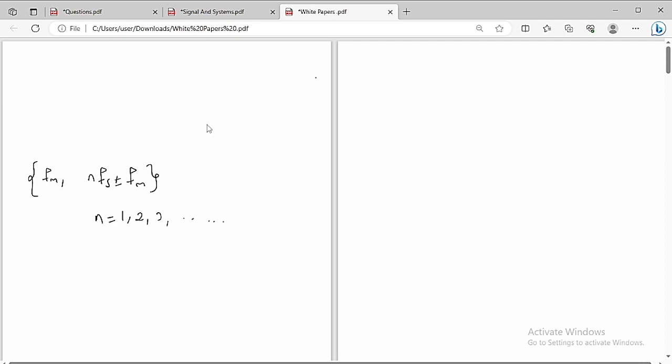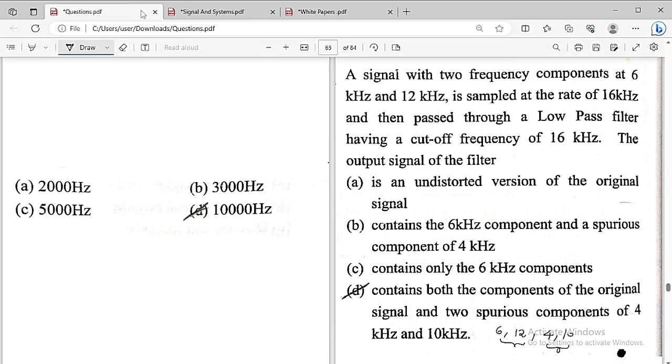So if the signal is passed through a filter, based on the filter's cutoff, only those frequencies are going to come out of the filter. But you must always remember this formula: N into Fs plus or minus Fm, where N goes from 1, 2, 3 and goes on. So this is the correct solution of this question.